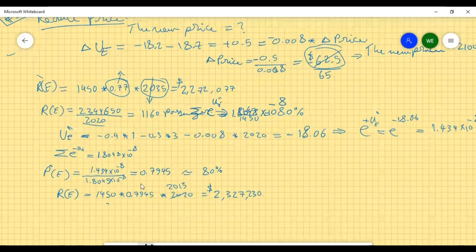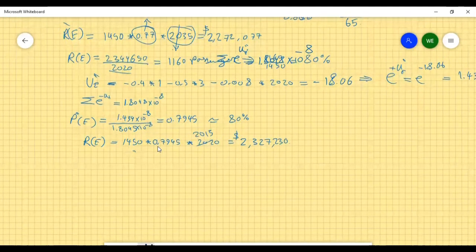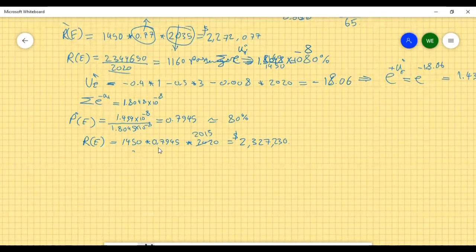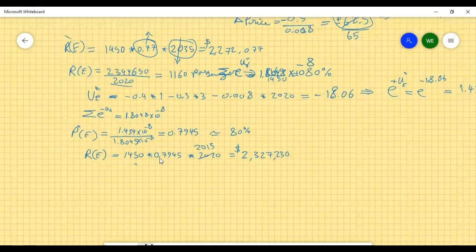So now, before going any further, we need to check whether the airline will be able to accommodate the new level of demand.